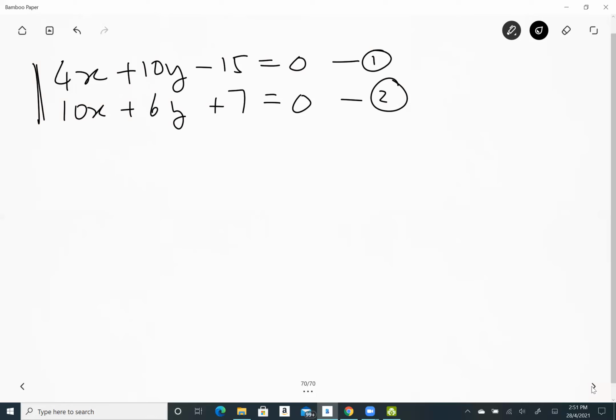Okay, x is equal to negative 0.475. What about y? 1.69. Okay, anybody else get the same thing or you get a different solution?